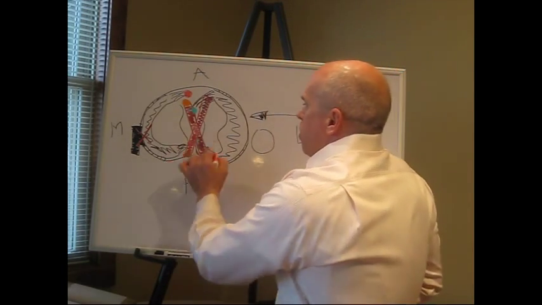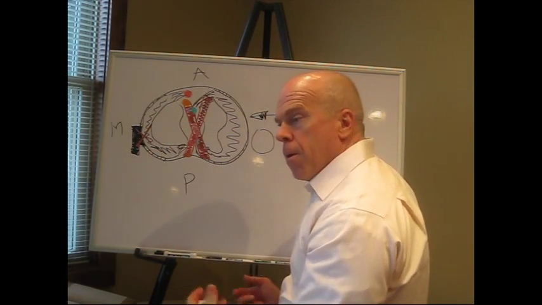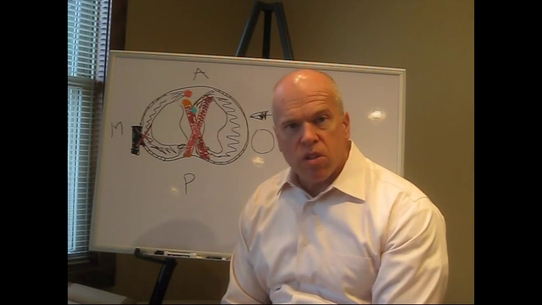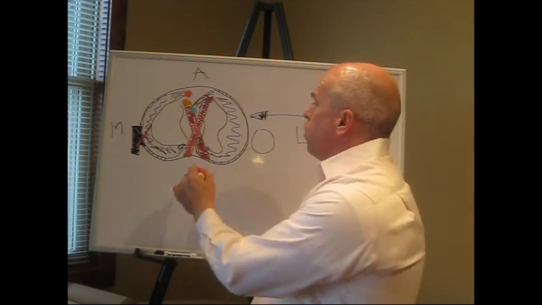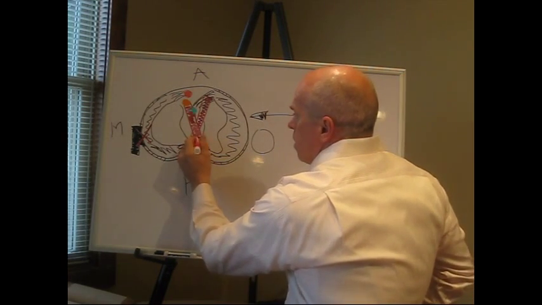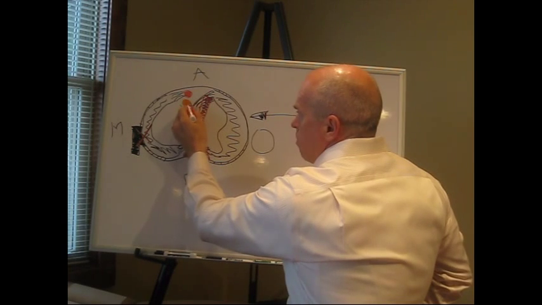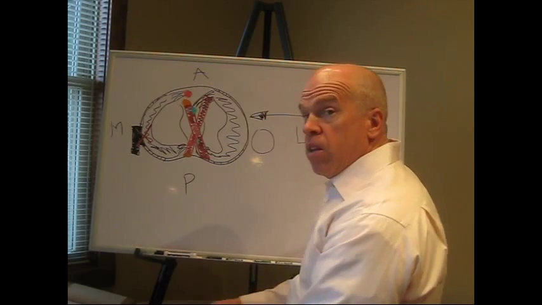So if we focus our attention now on the intercondylar area, what kind of injuries can we sustain in the intercondylar area? Well, we can sustain an injury to the anterior cruciate ligament, avulsing it from either its origin or from its insertion on the femoral condyle.